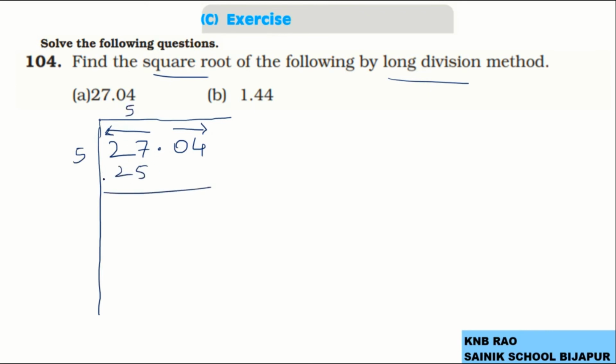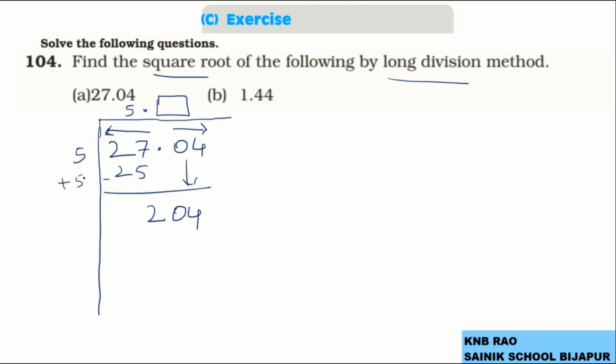So 27 minus 25 gives you 2, and from the decimal portion I am taking 04 down. Because I took from the decimal portion, here the point comes. So 5 point, and I am choosing the next digit.